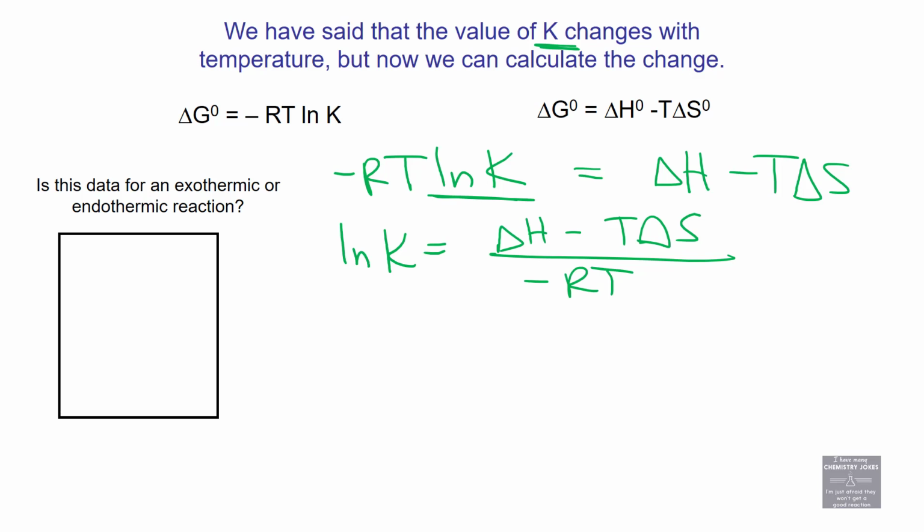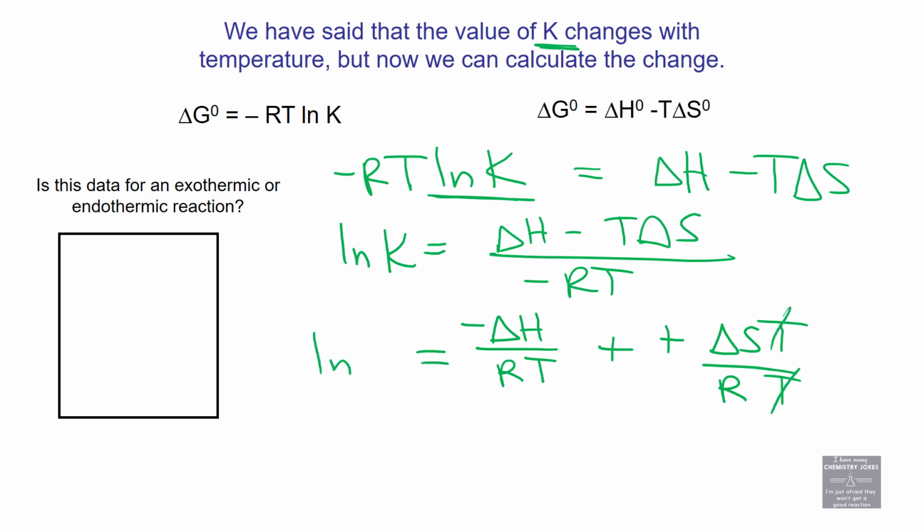I can simplify that to negative delta H over RT minus negative delta S over R, and my T's cancel out. Minus negative becomes plus the positive, so that's ln of K equals this.